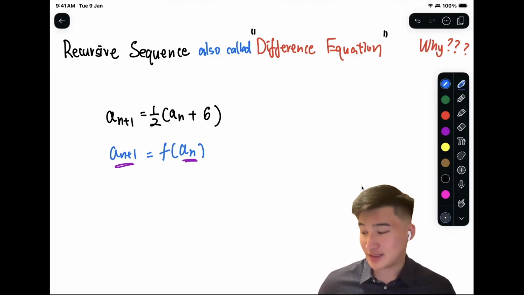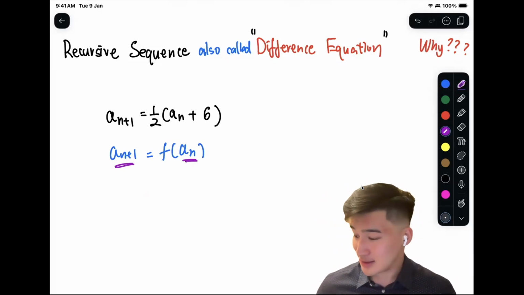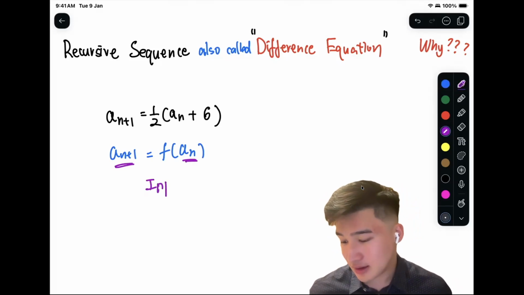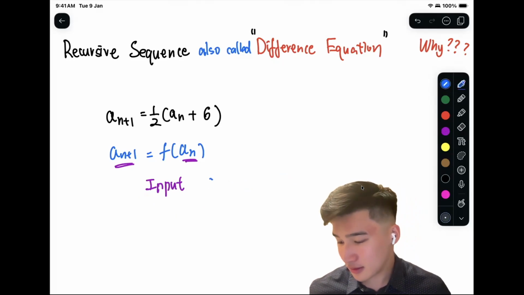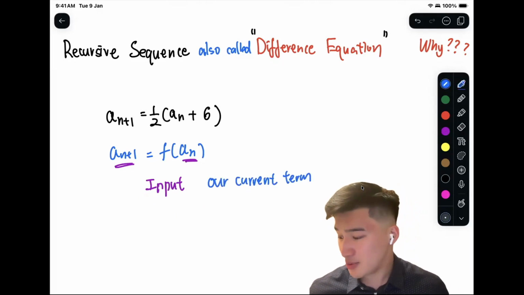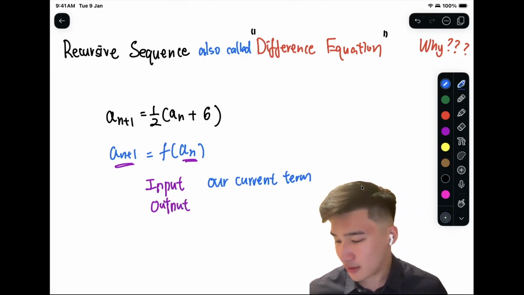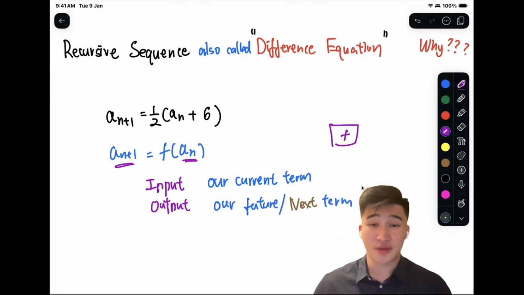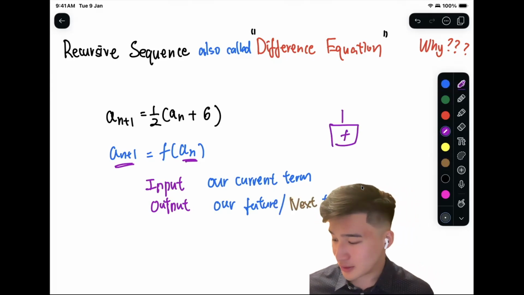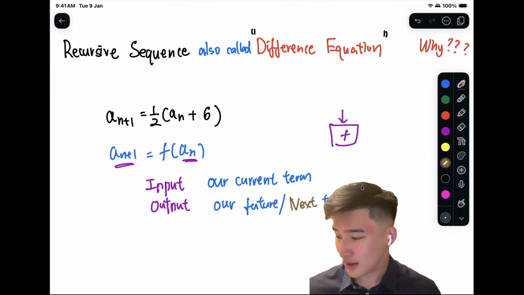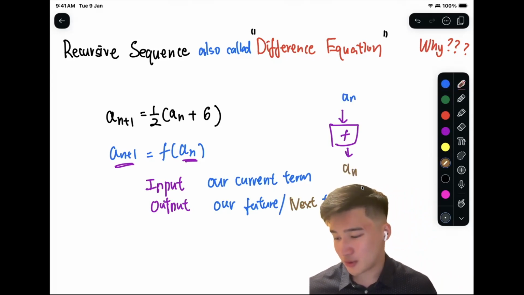So if we dive a little bit deeper, what I mean by that is if we input our current term, our output would simply be our future term, or our next term. So this is our function. If we input a current term, meaning a(n), we'll get the output of our a(n+1).